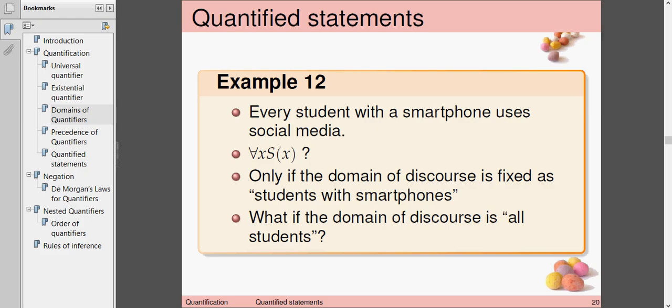The domain is fixed as students with a smartphone. So the domain here is students with a smartphone, according to the statement. What if the domain is all students? It would be different. Here he didn't say for all students, he said for all students who have a smartphone.